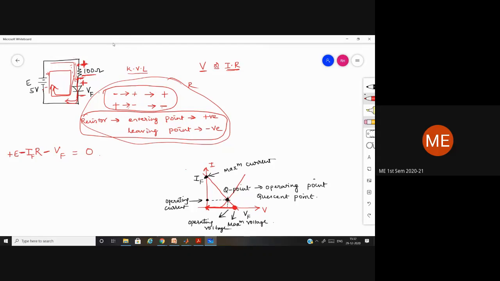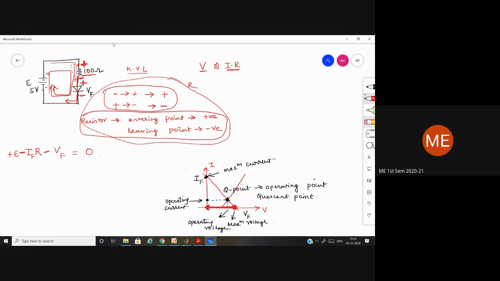It is a very basic question I'm asking. At this particular point, if voltage is Vf here, what will be your current? Just see at the y-axis. What do you have at y-axis?